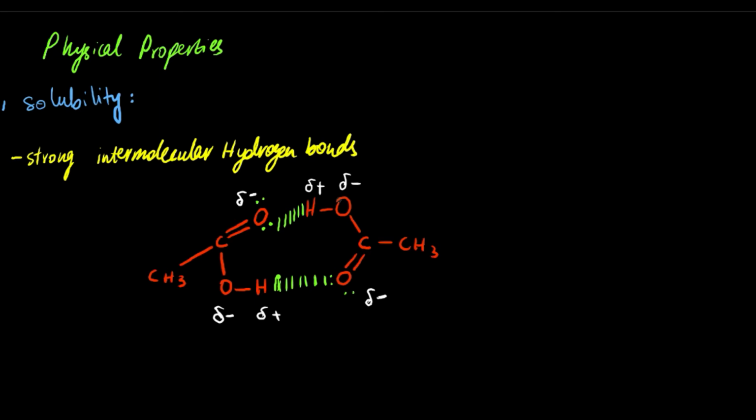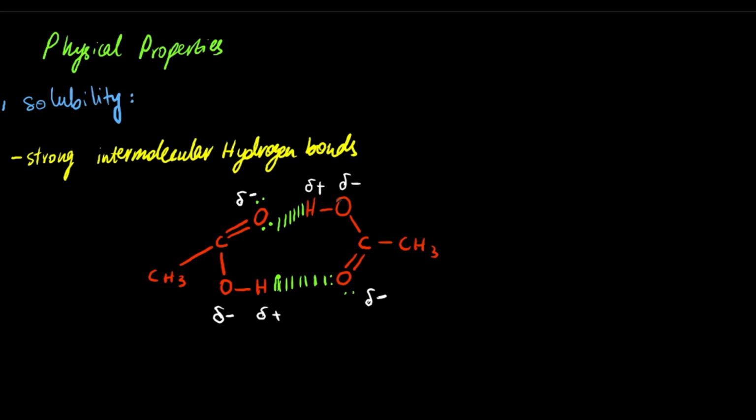But as the carbon length gets longer, the COOH part does not dominate anymore. The ID forces, or the induced instantaneous dipole forces of the carbon and hydrogen chain, which is non-polar, dominate, and therefore solubility overall decreases. This is as simple as it is. So this pattern is one that you need to know.